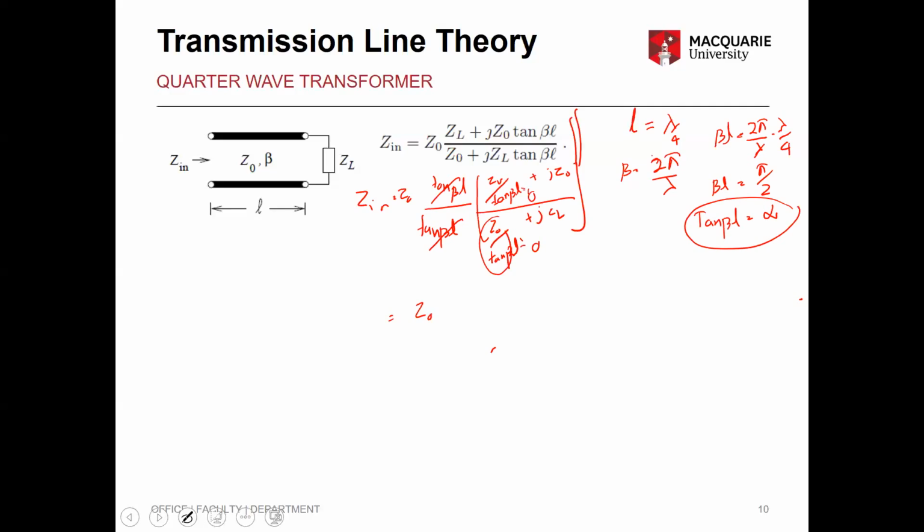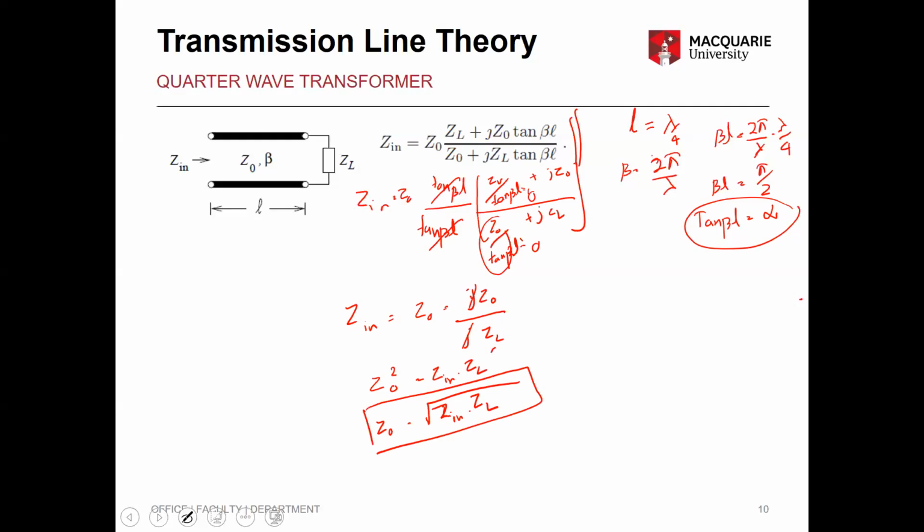So I'm left with Z naught times jZ naught over jZ load. The j cancels out, so I have Z naught squared equals Z in times Z load. So Z naught is the square root of Z in times Z load.